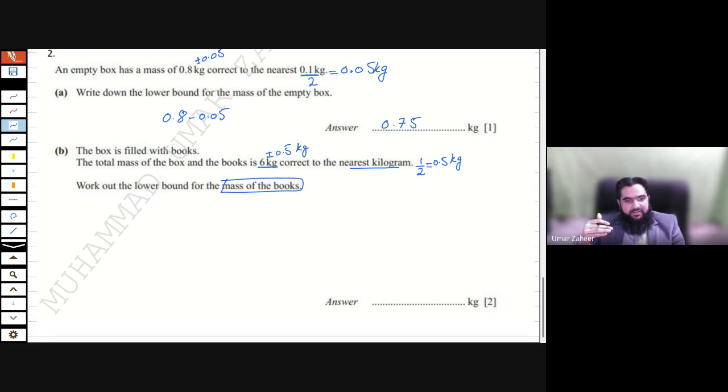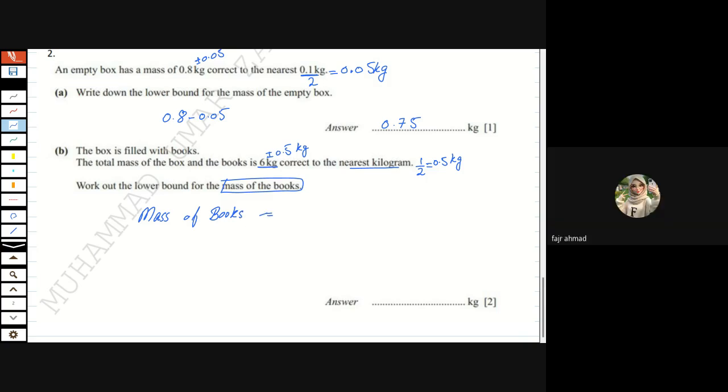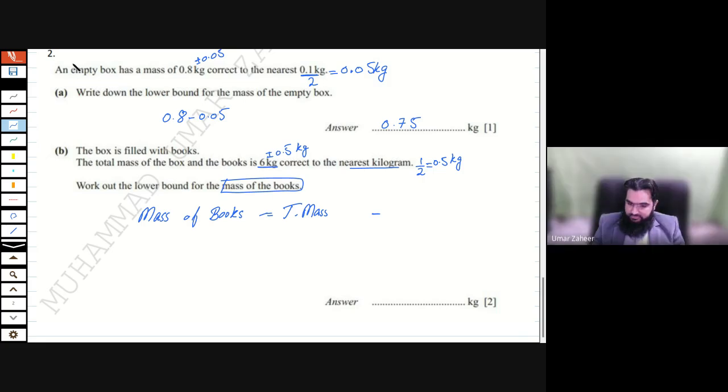Can anyone tell me the general statement how we can find the mass of the books? Simply, the mass of the books will be equal to the total mass subtracted by the mass of the box.